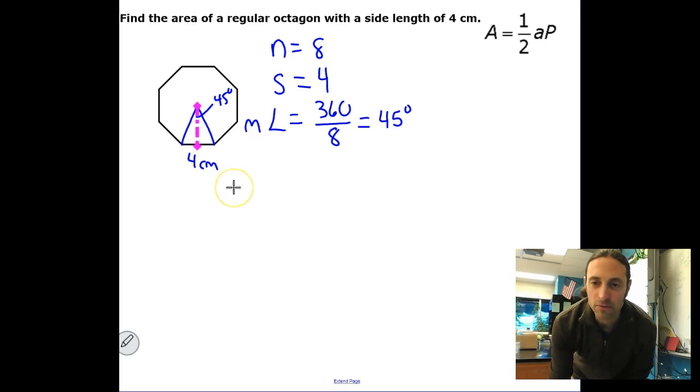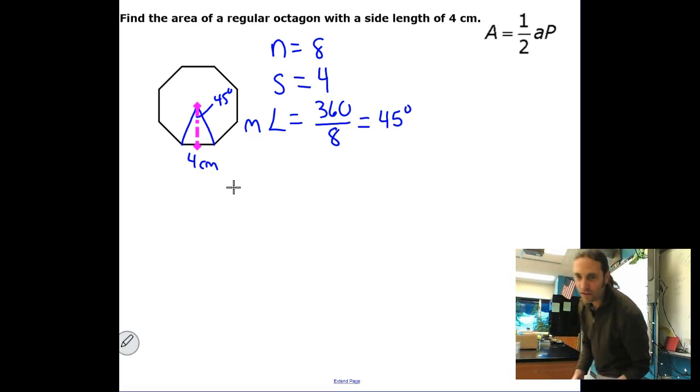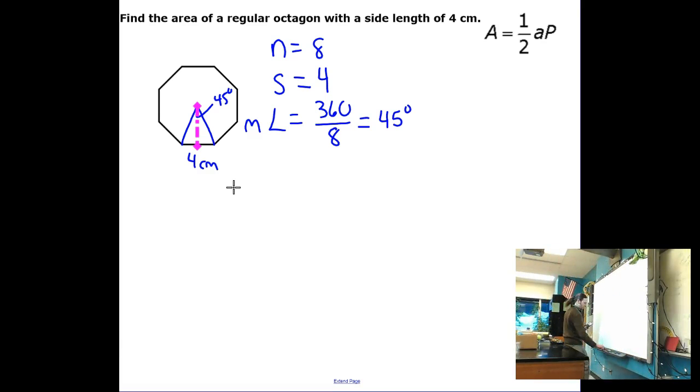You'll notice what I'm doing is splitting that 45-degree angle into two 22.5-degree angles. So I've got a triangle that looks like this: 90, half of 4 is 2, and this is 22.5.